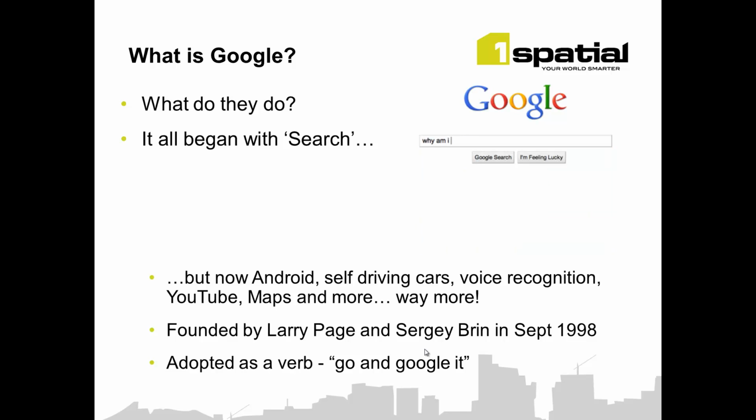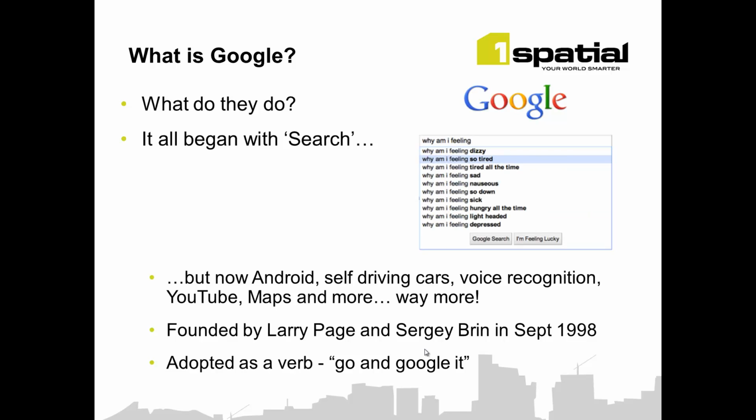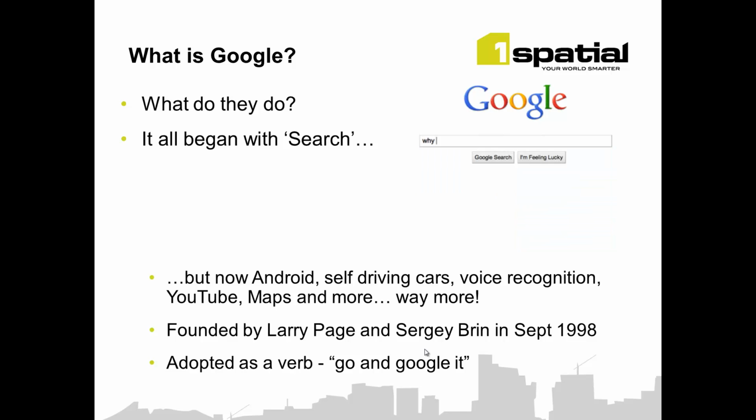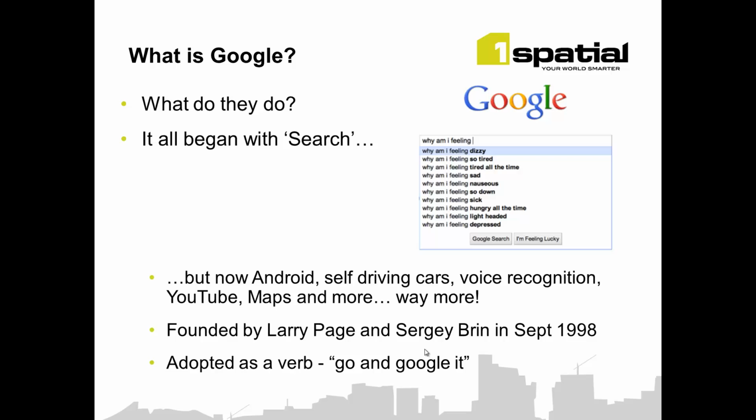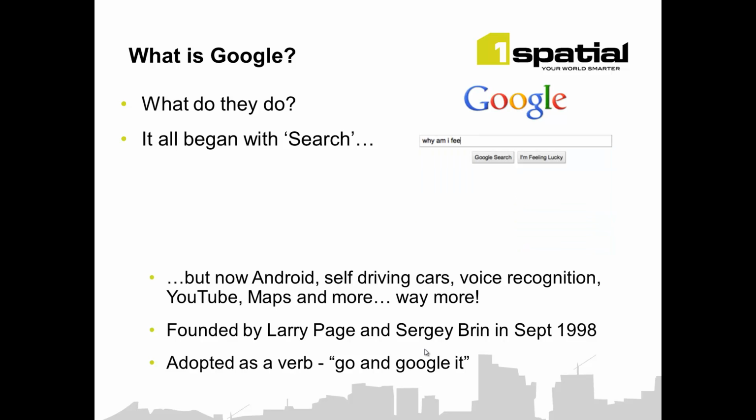If you have a smartphone, if it's not an Apple device, it's likely to be an Android device. The operating system that Google builds to support tablets and Chromebooks and all sorts of different touchscreen devices. They are looking into self-driving cars. They do voice recognition around Google search.